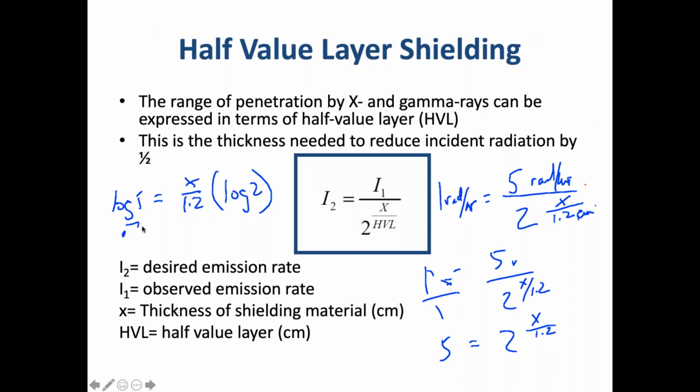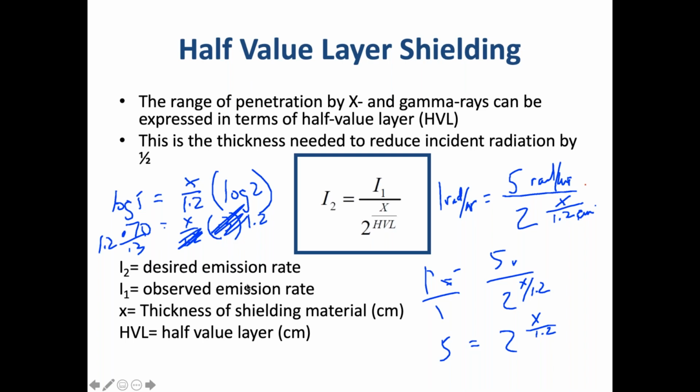So this is 0.70 is equal to X over 1.2 times 0.3. Okay, divide by 0.3. Okay, multiply by 1.2.